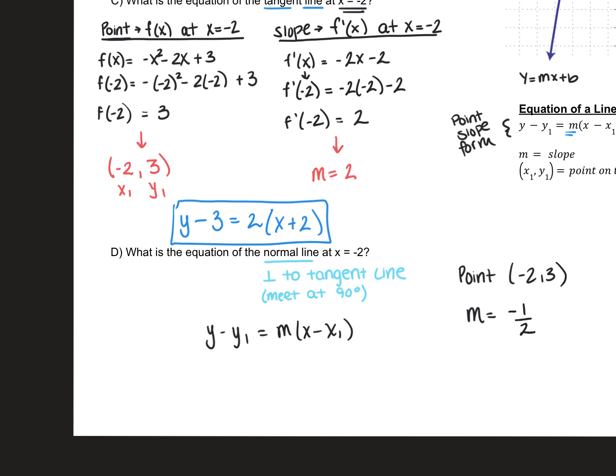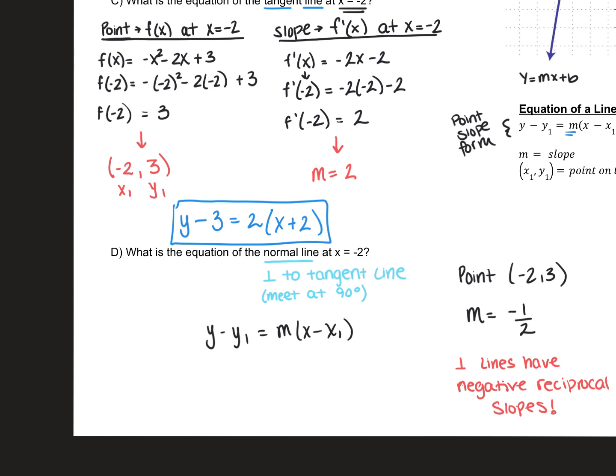And the reason why is we have to take a page out of the geometry textbook and we have to understand that perpendicular lines have negative reciprocal slopes. So if the slope of the tangent line is 2, the negative reciprocal, negative and flip, would give me -1/2.